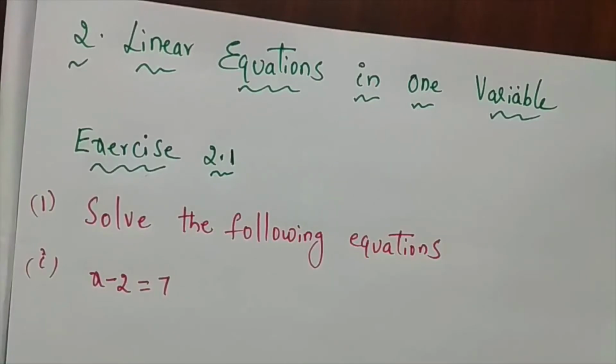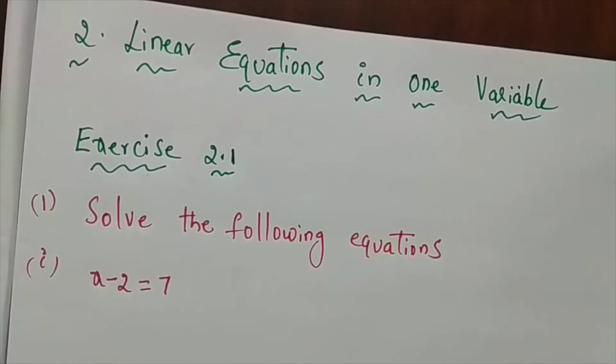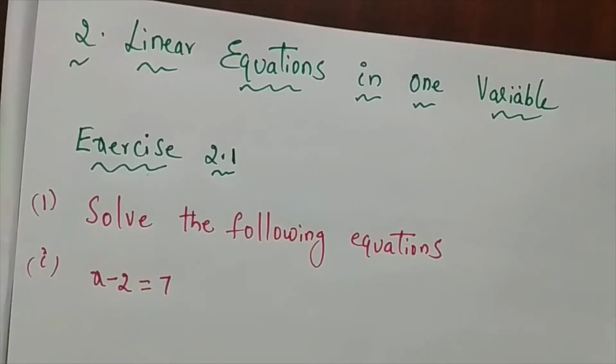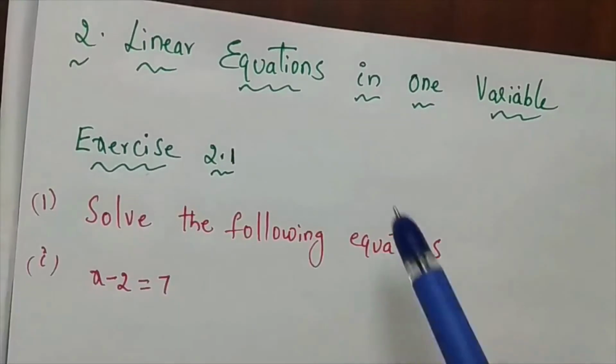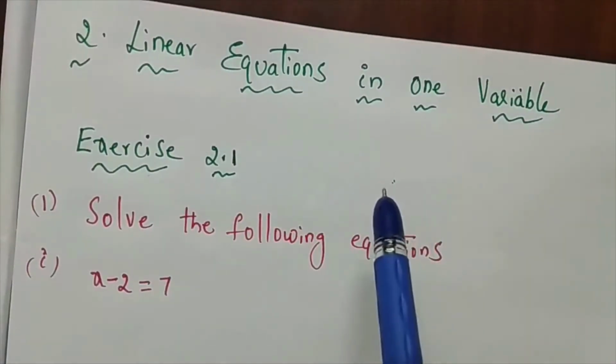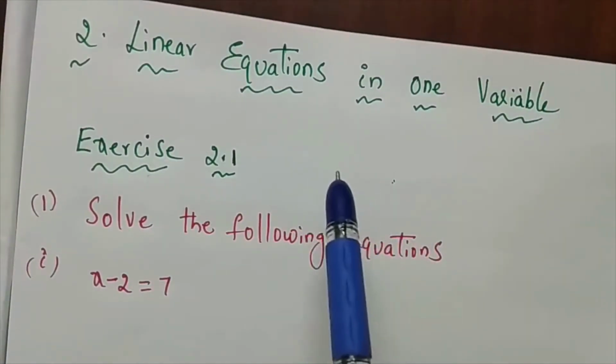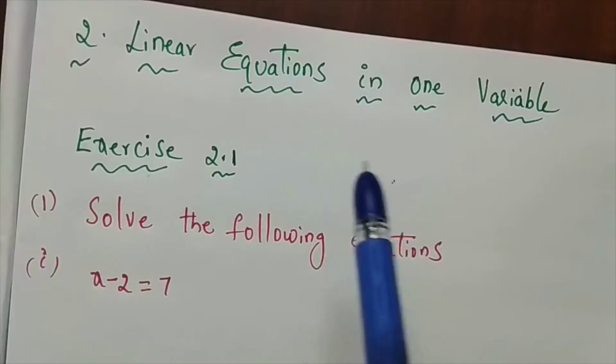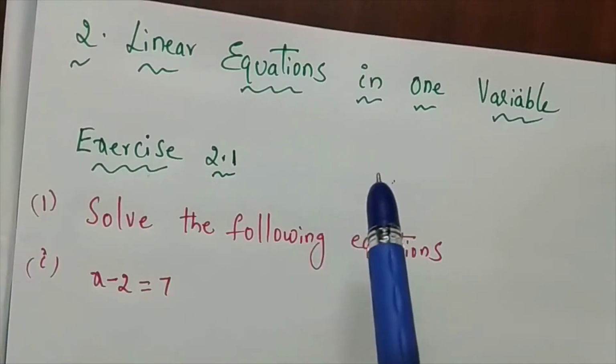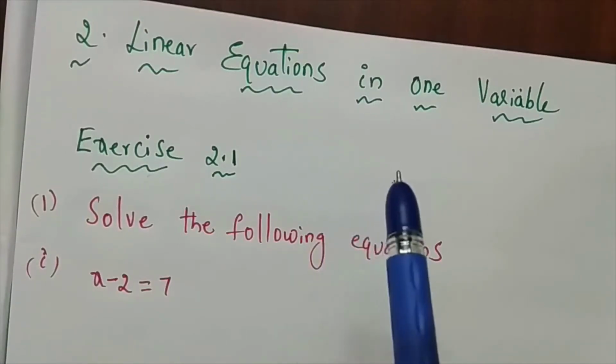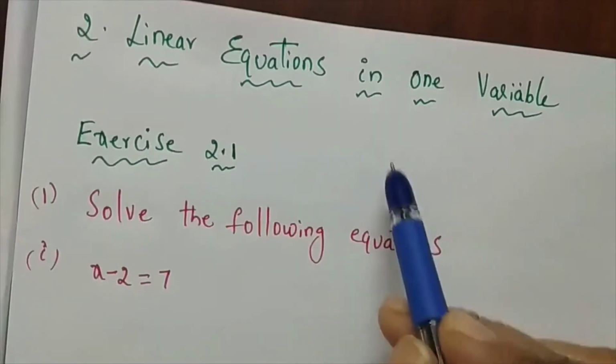Today we are starting the second chapter of class 8 CBSE textbook, linear equations in one variable. So what is a linear equation in one variable? We call an equation a linear equation only if the highest power of the variable in the equation is 1.